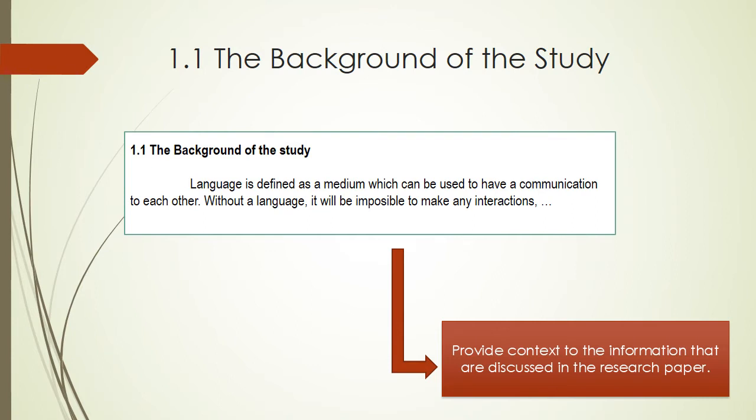Typically, the background of the study includes a review of the existing literature on the area you are researching, leading up to your topic. Once you have discussed the contribution of other researchers in the field, you can identify gaps in understanding, that is, areas that have not been addressed in these studies.